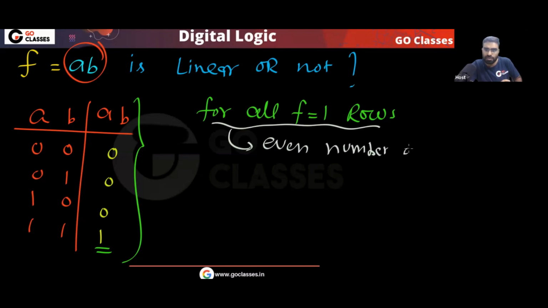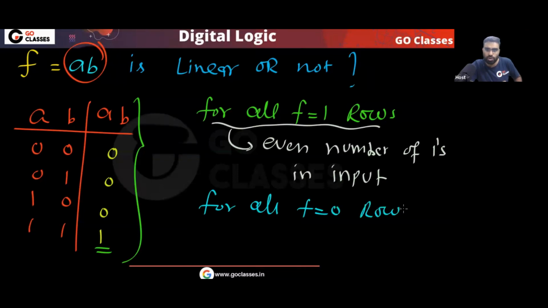Even number of ones in the input. So what should happen for f equal to 0 rows? You must have an odd number of ones.